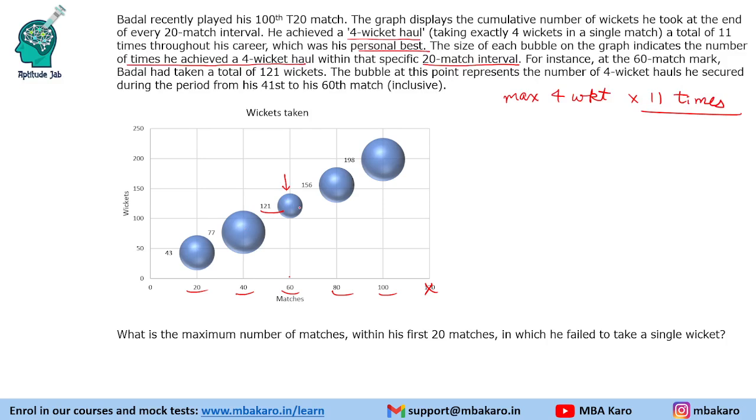Now, the size of the bubble. Let us call this size A. This is the same size as this bubble, so you can call it A again.